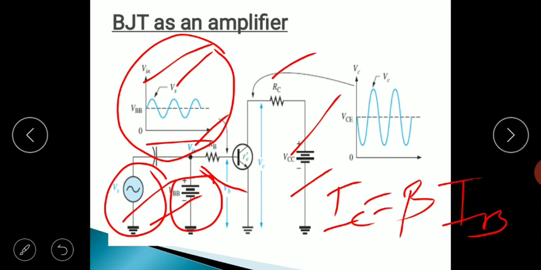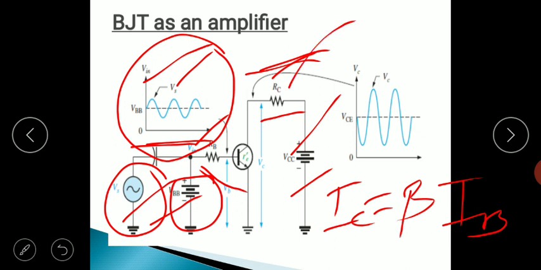So if you take the value of beta as even 100, so 100 times more current will be flowing in the collector circuit. That means when there is a small increase in the base current, there is a large increase in the collector current IC, and that collector current IC flows through this resistor RC.